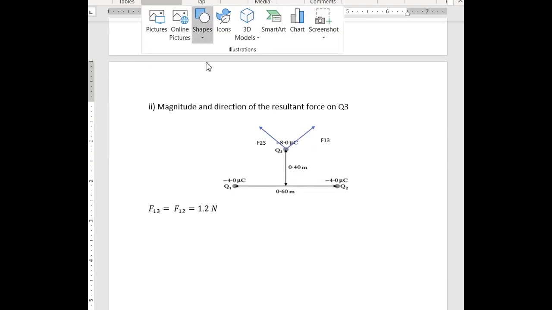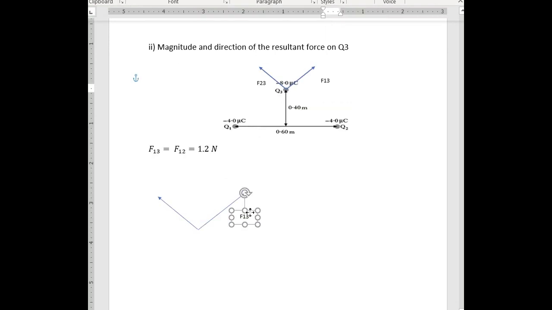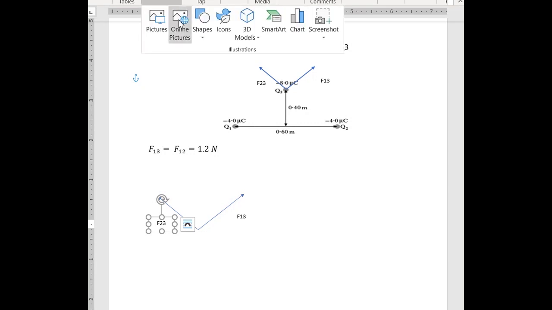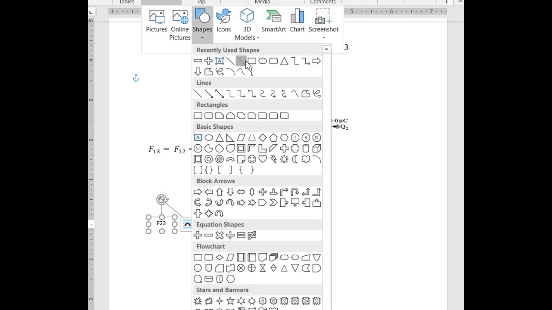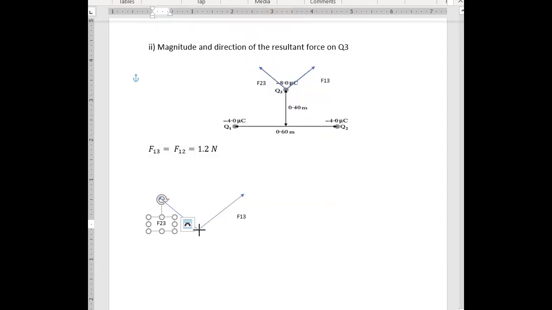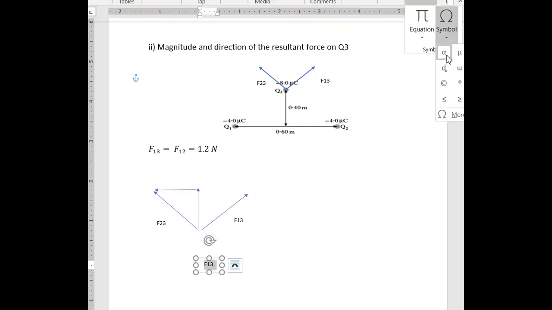We use a vector diagram, F13 and F23. Then we will break down these vectors into vertical and horizontal components. So let's call the angle here alpha.